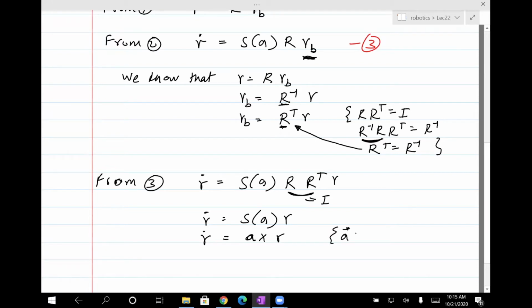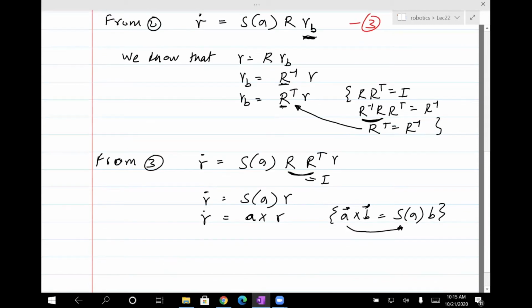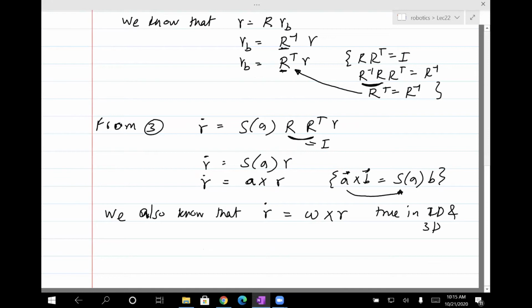This is something we proved last time: A cross B is the same as S of A times B. You take A, make it into a skew symmetric matrix and multiply it with B. But we also know that the rate of change of position, the velocity, is omega cross r. This is universally true, in 2D and 3D. That is saying the velocity is omega cross r.